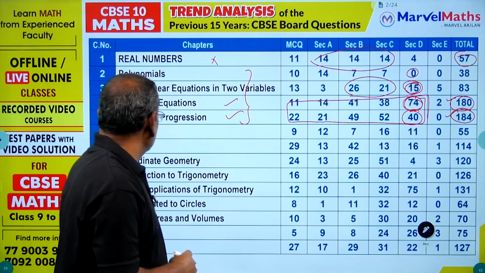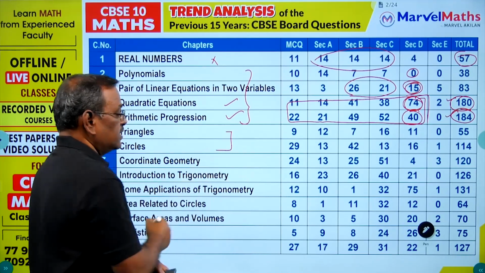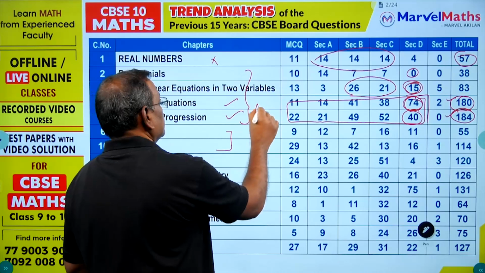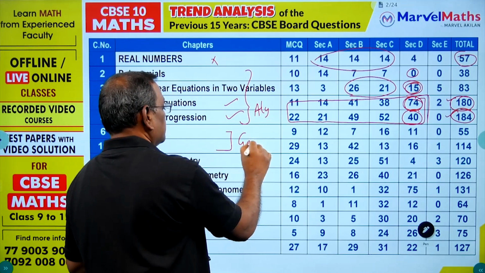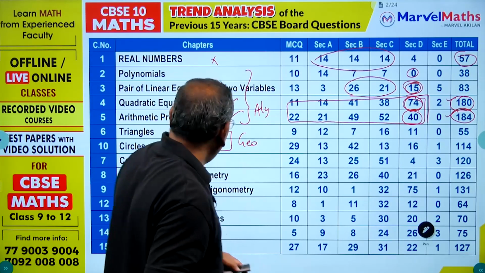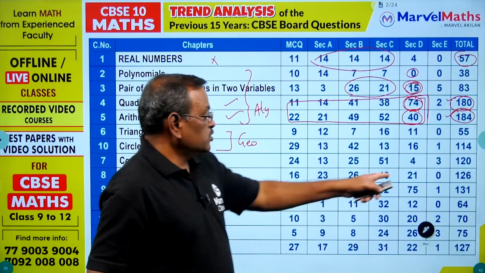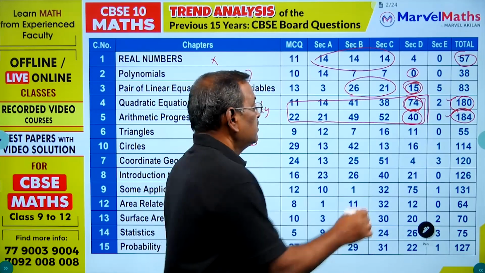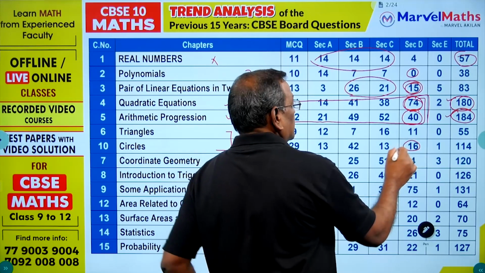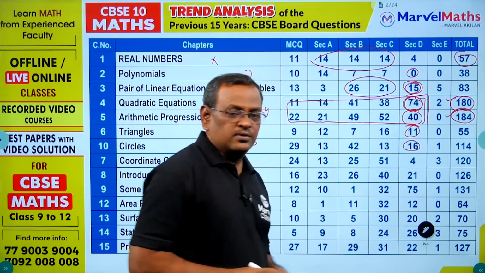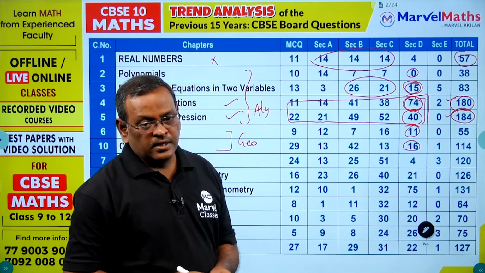Next, geometry, these 2 are under geometry. This is algebra, correct? And this is geometry. If you compare triangles and circles, circles is more important, with 16 5-mark questions, and here 11 5-mark. In the 16 questions, except for a few, all are numericals.